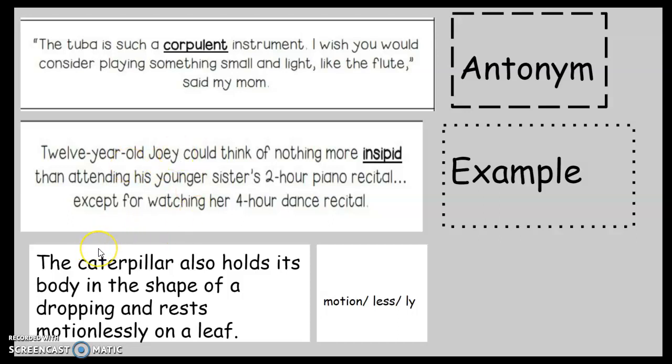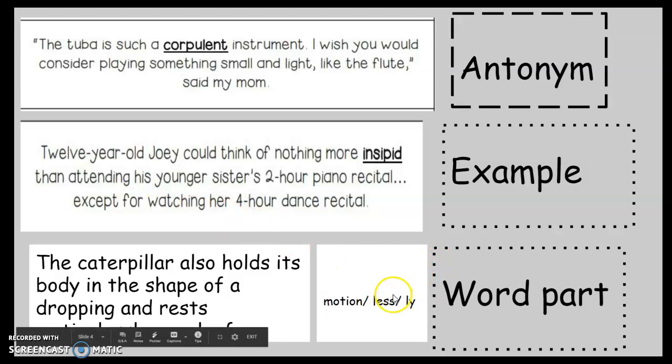The caterpillar also holds its body in the shape of a dropping and rests motionlessly on a leaf. So motionlessly is a great example of word parts because if you look at motionlessly, I can separate it into three word parts to help me identify the meaning.